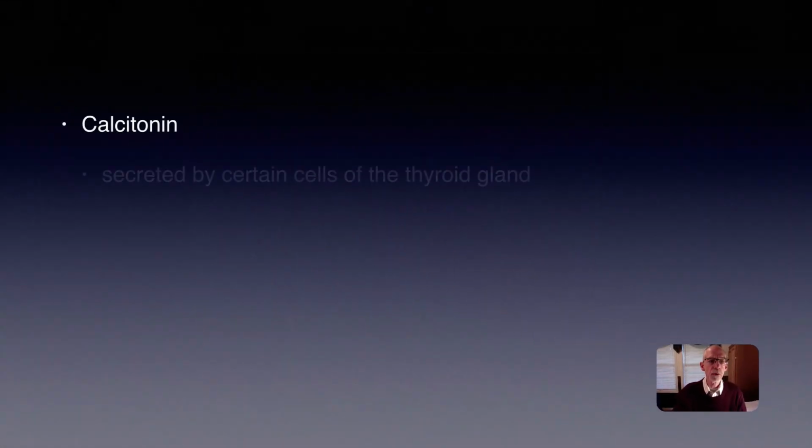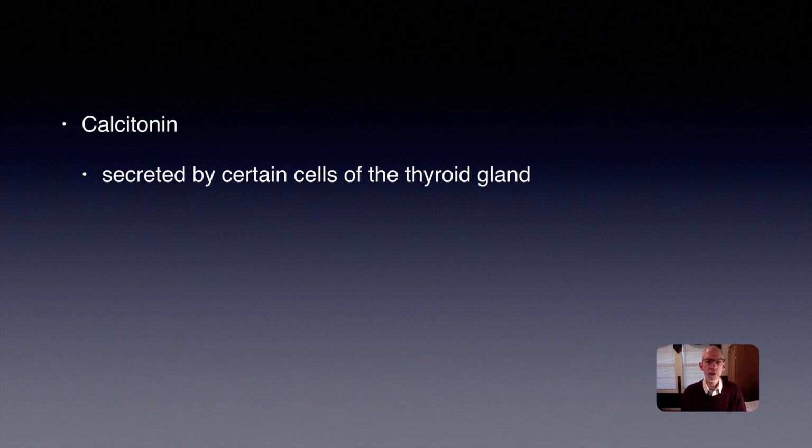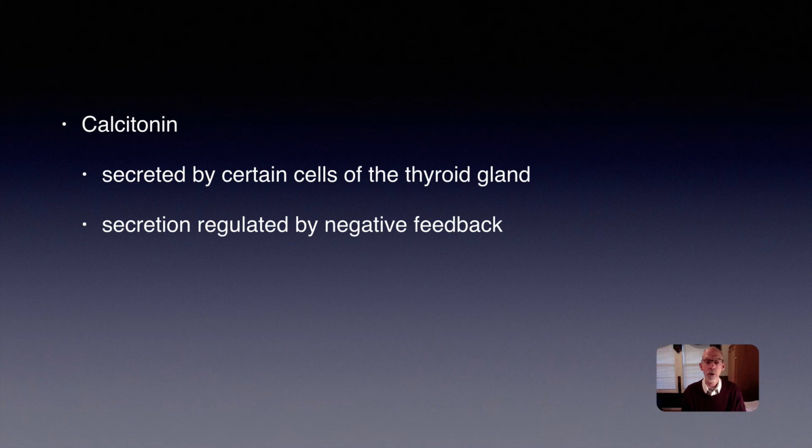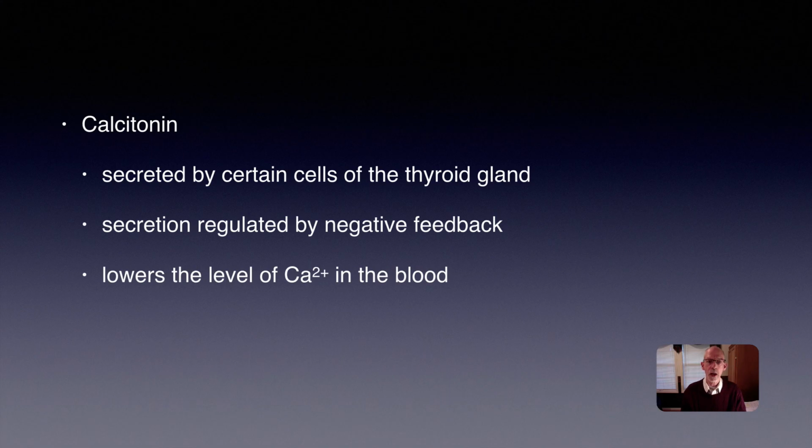So calcitonin, again, it's secreted by certain cells of the thyroid gland, and as was the case with parathyroid hormone, its secretion is regulated by negative feedback. In other words, if the level of calcium ions in the blood is too high, the thyroid gland will detect that and will secrete calcitonin in response.